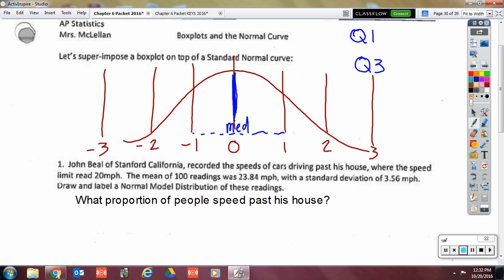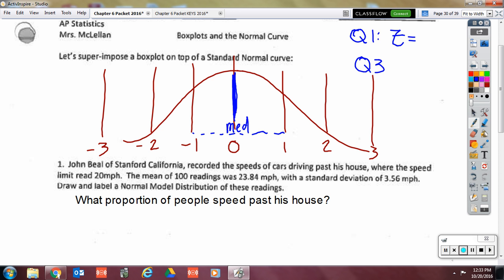I want to know exactly what z-score Q1 has. Okay, I want to know what is the z-score for Q1. How can I find that out? Can I do x minus the mean over the standard deviation? Can I do that? No. What could I do?